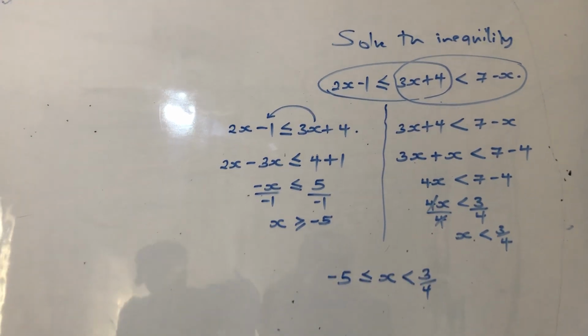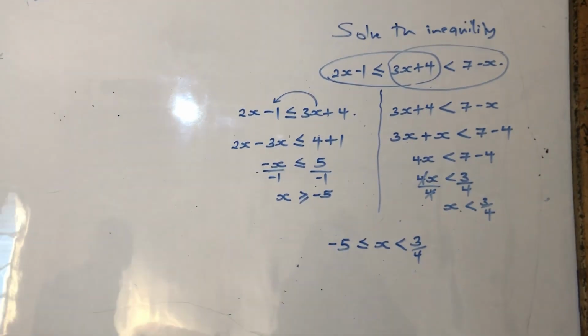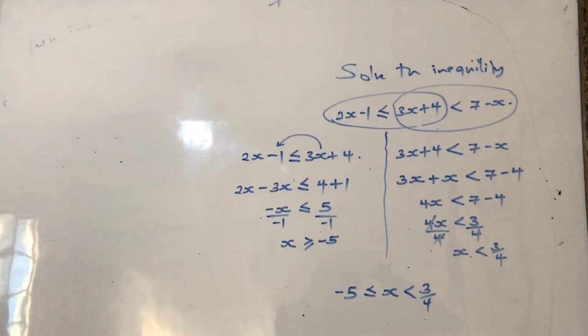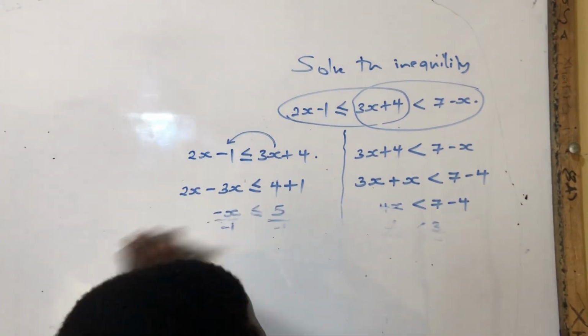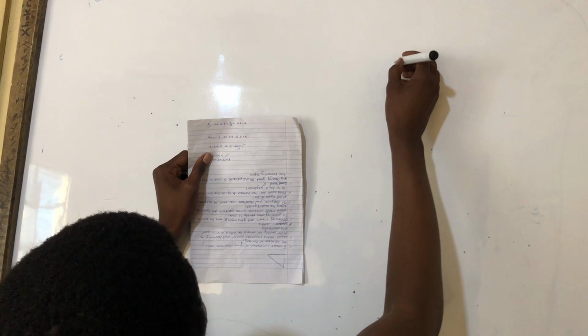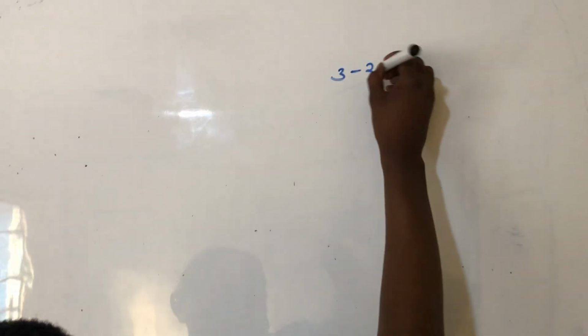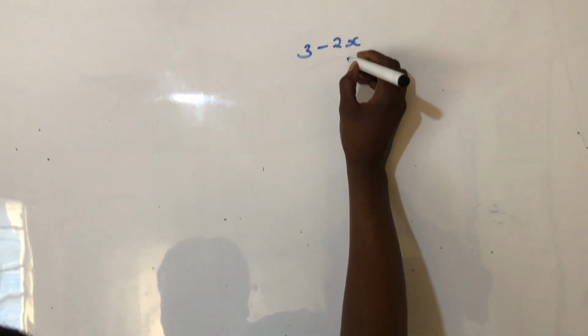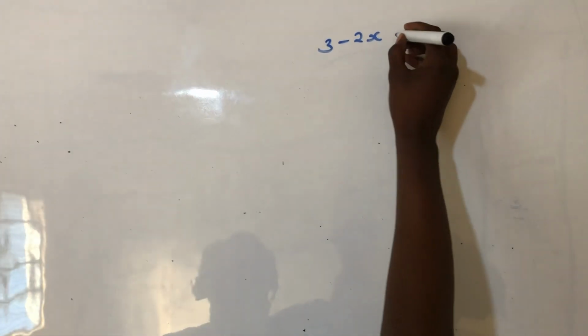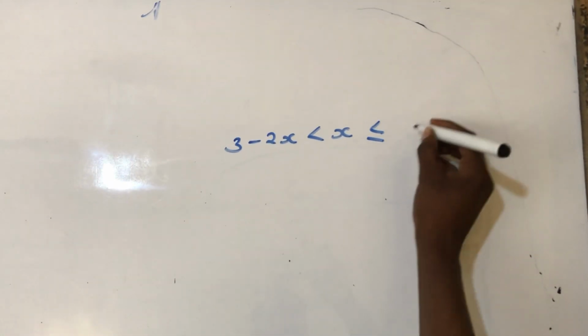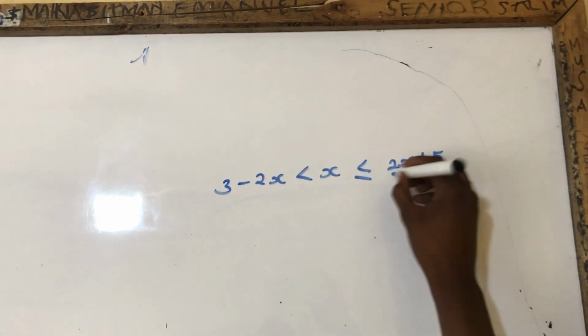Which now takes us to the third example. What do we have in the third example? We have 3 - 2x is less than x, less than or equal to (2x + 5)/3.